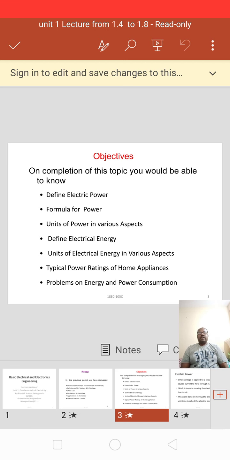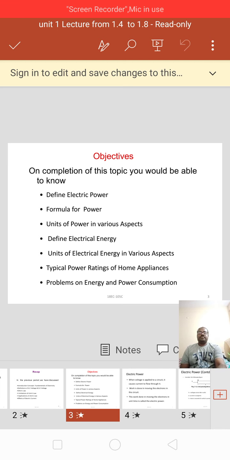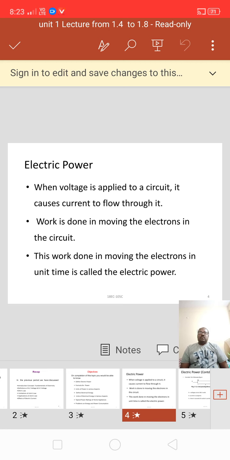First one, electric power. First of all, we must know the concept of electric power. When voltage is applied to a circuit, it causes current to flow through it.